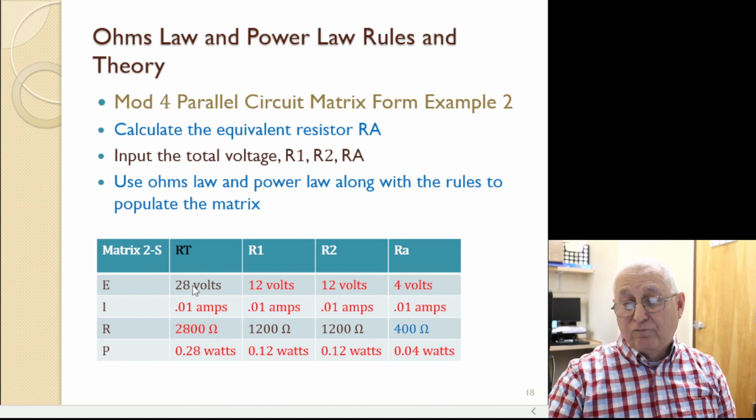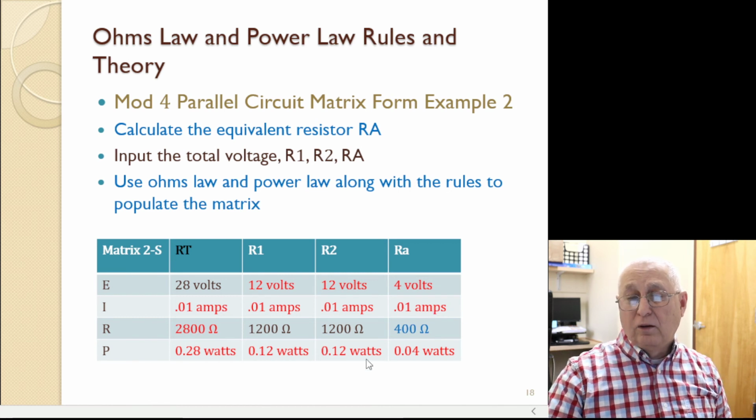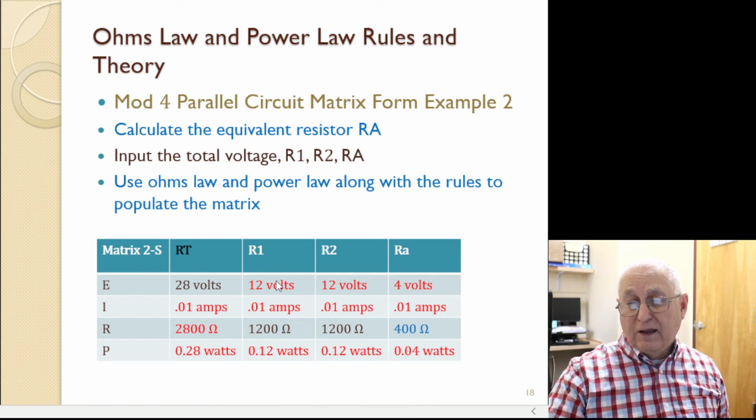I have 28 volts. 28 divided by 2800, 0.01 amps. This is a series circuit, so the amps are the same everywhere. Now I can find my voltage drop. Amperage I times R equals E, so 0.01 times 1200 equals 12 volts.